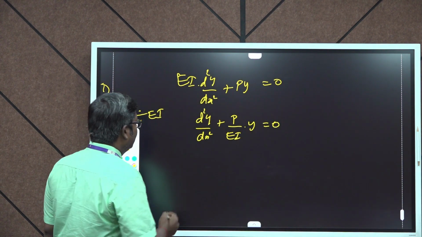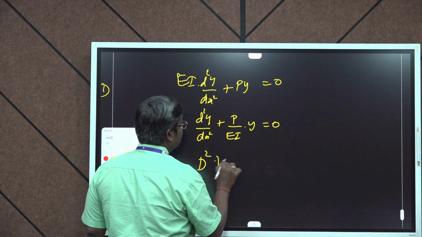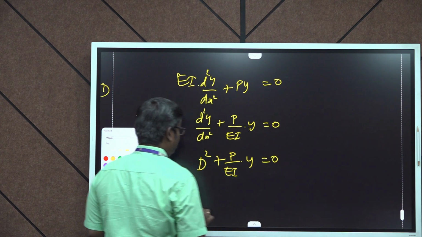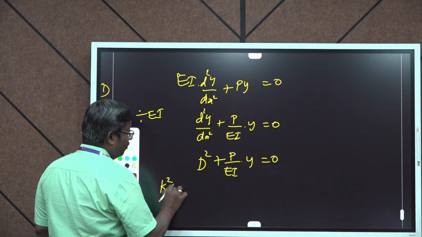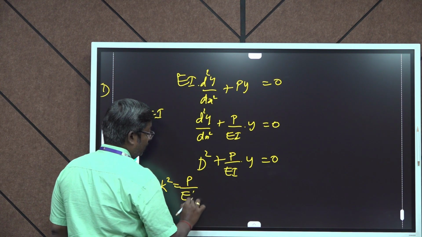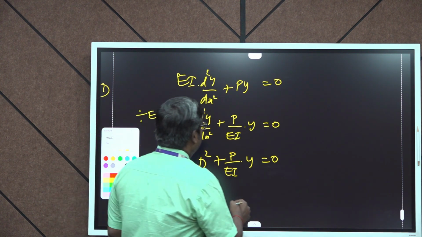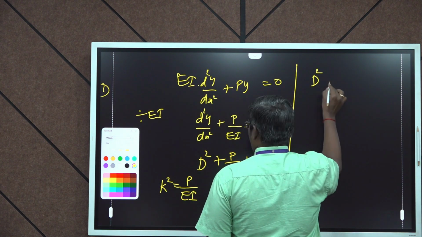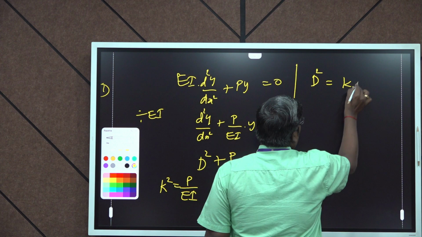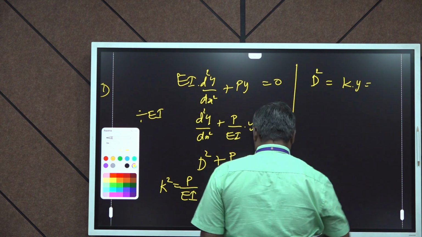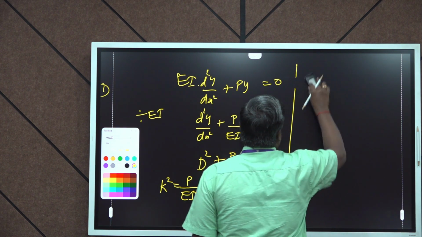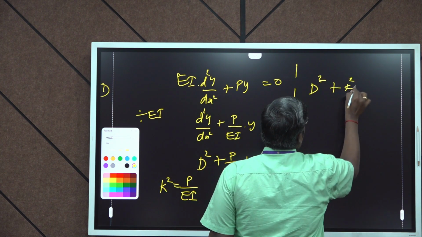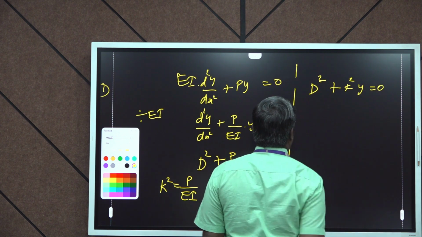It can be written as capital D square plus P by E I into y equal to 0. Let k square equal to P by E I. We can substitute P by E I as k square. We will get D square plus k square into y equal to 0.